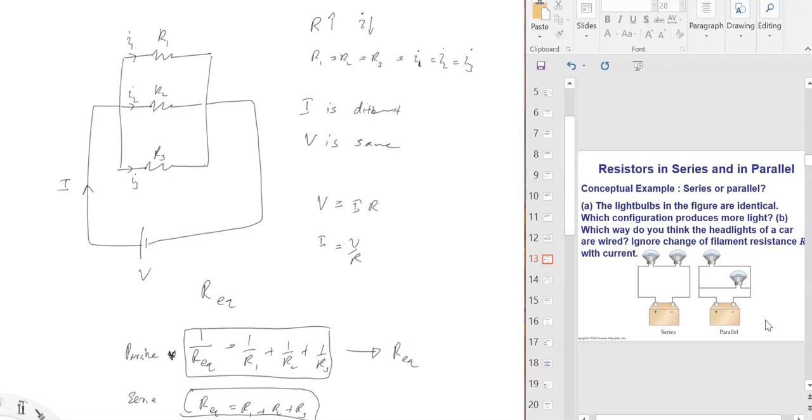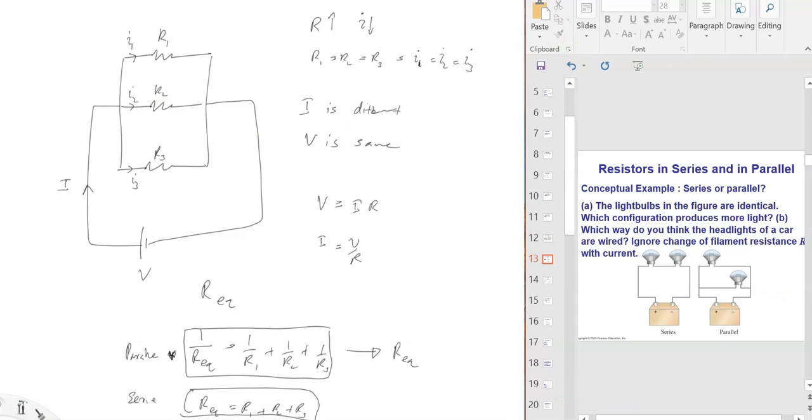So here we have two light bulbs. The diagram on the left connects to the battery in series. It's the same battery, a car battery, 12-volt battery. The other one, two light bulbs connected in parallel. Asking which configuration produces more light. So I want you guys to think about it and try to justify your answer, whatever answer you come up with.